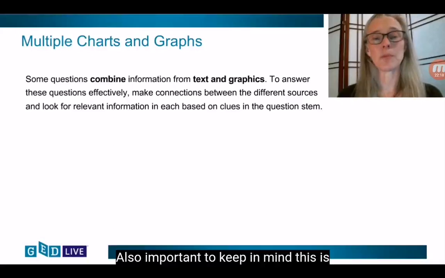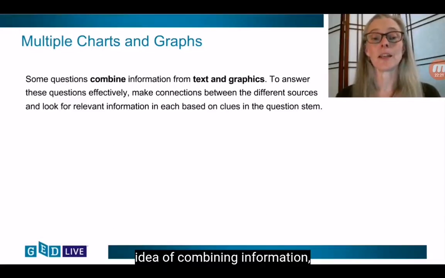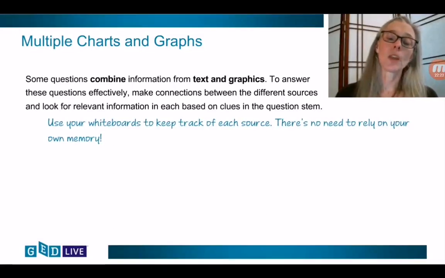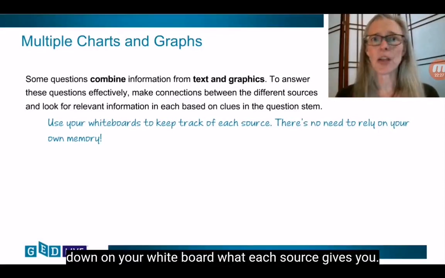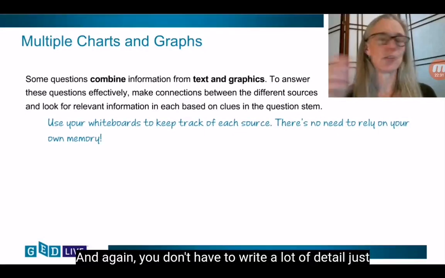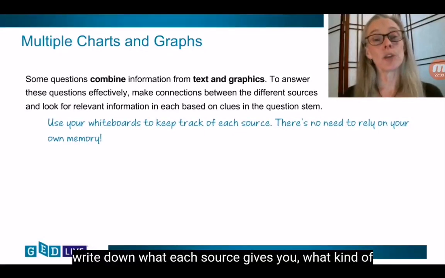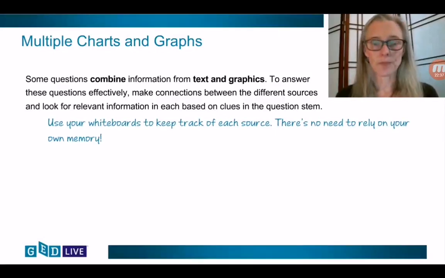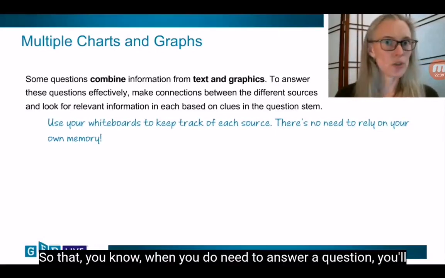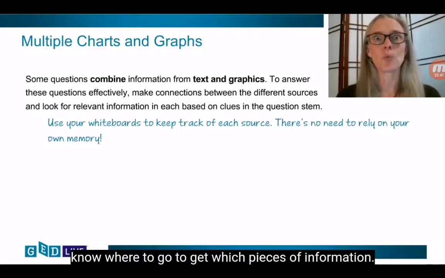Also important to keep in mind is this idea of combining information. And so when you have more than one source, just jot down on your whiteboard what each source gives you. And again, you don't have to write down a lot of detail, just write down what each source gives you, what kind of information, what's where.